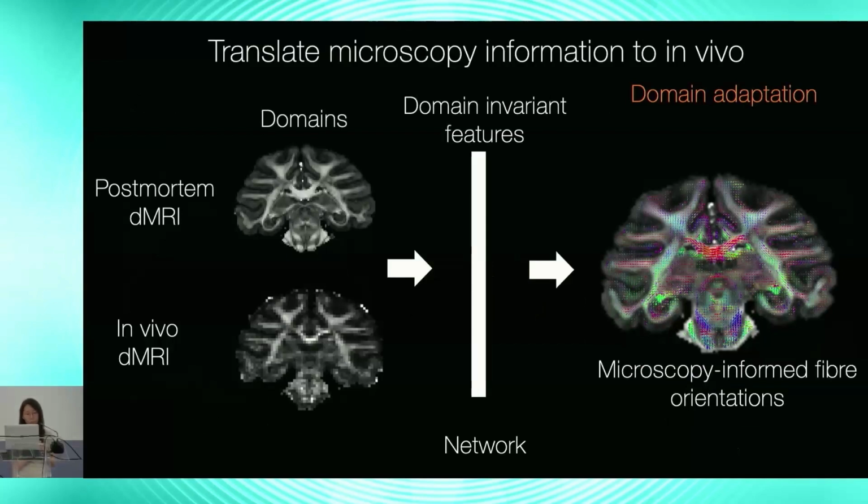So we use a structure called domain adaptation. Here domain means the two domains are sharing the same task, but they have two different data distributions. In our task, the domains are postmortem diffusion and in vivo diffusion. So the network will first aim to learn domain invariant features, and then it will inform on the microscopy orientations.